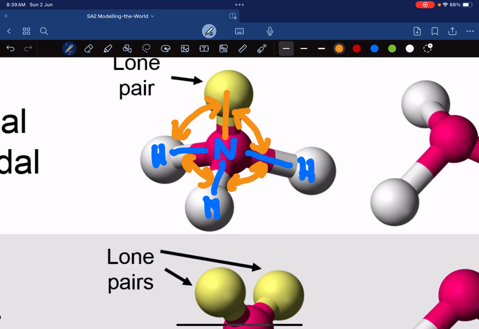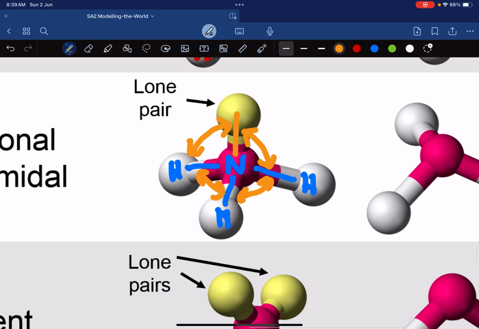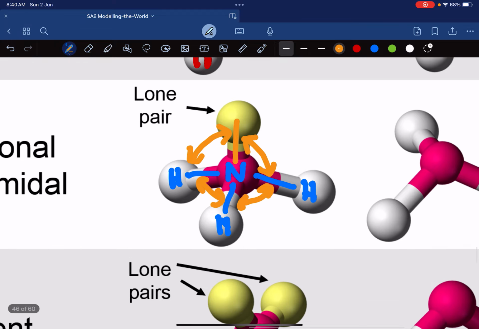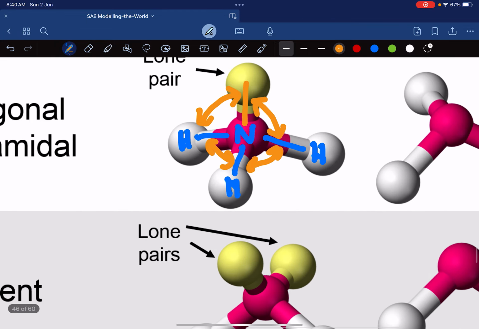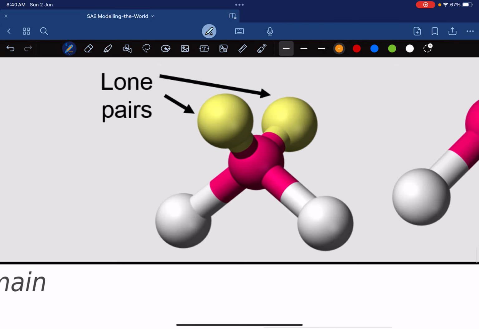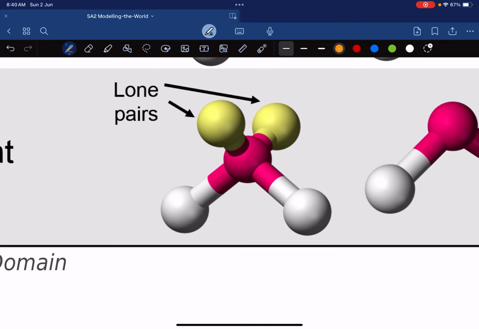It's going to demand greater space. That is why it takes up greater space, and the bonded pairs become a little bit closer to each other. So from 109, it becomes 107.